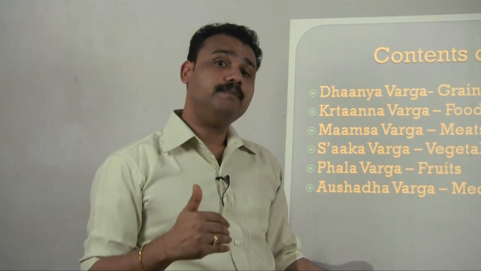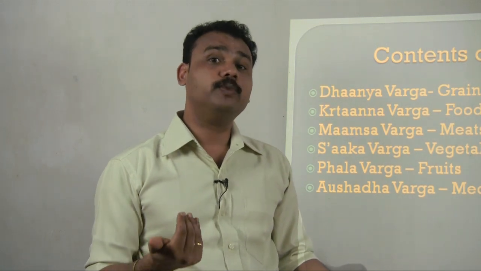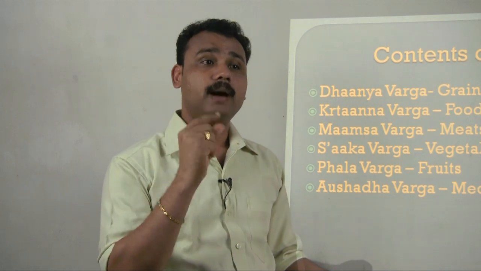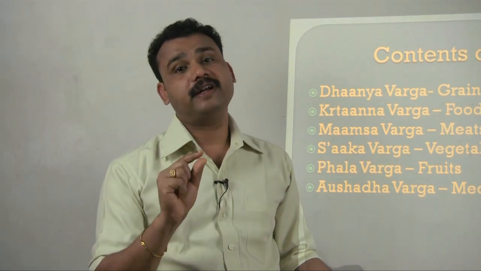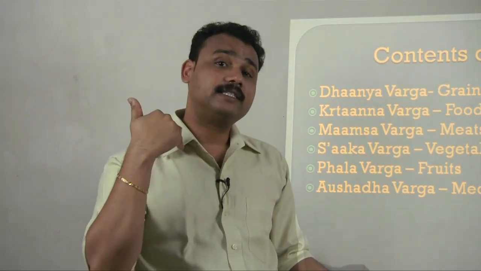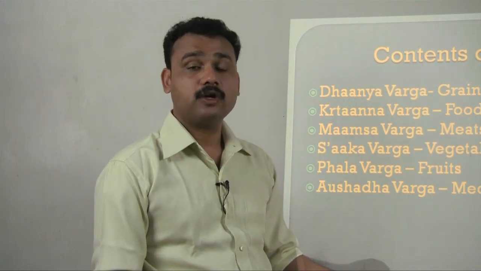And very interestingly, even before Shaka Varga, the group of vegetables, Vagbhata puts Mamsa Varga, the group of different types of meats. He further subclassifies the meat into different groups, which we will see later, and explains more than 100 species of meats in this chapter.